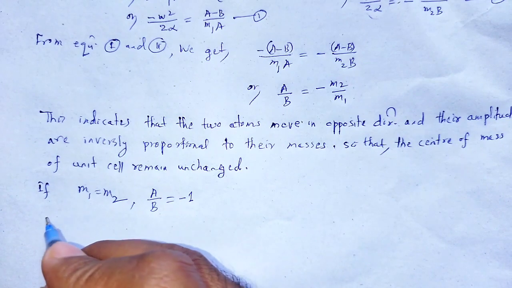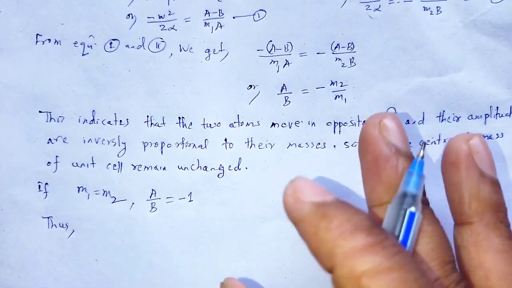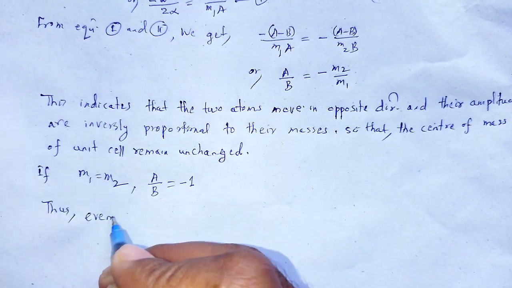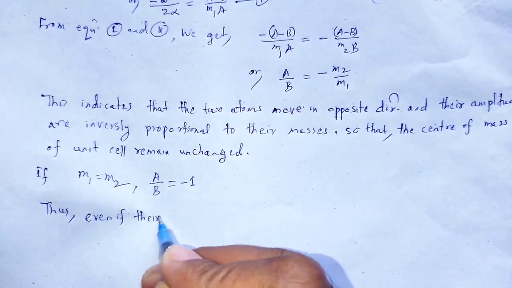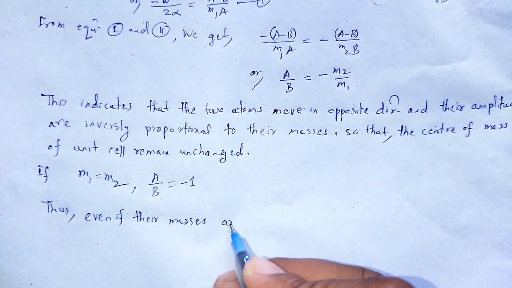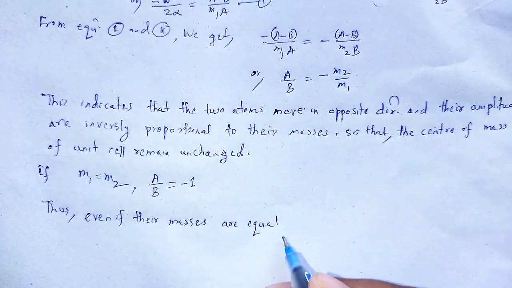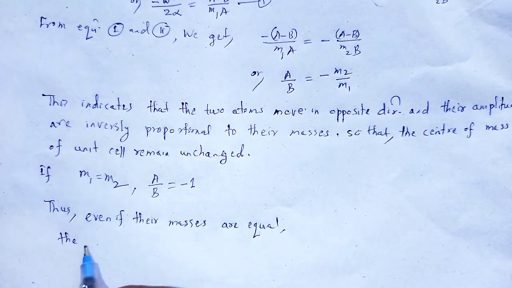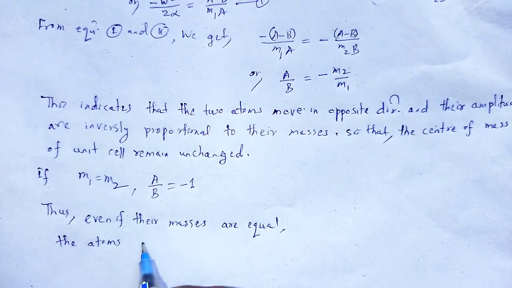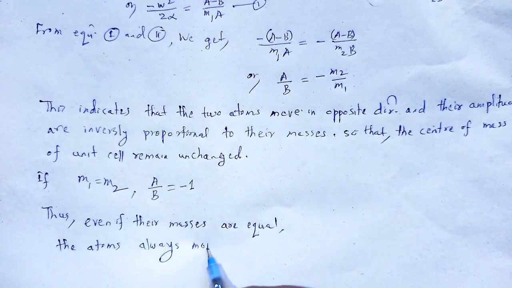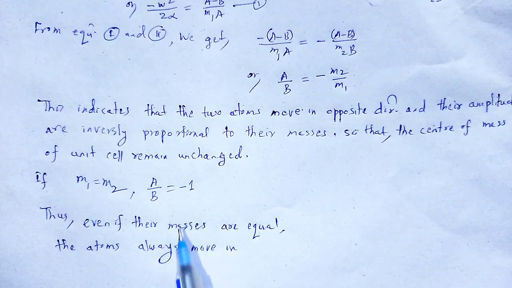That indicates even if their masses are equal, the atoms always move, the sign is negative, always move in opposite directions.